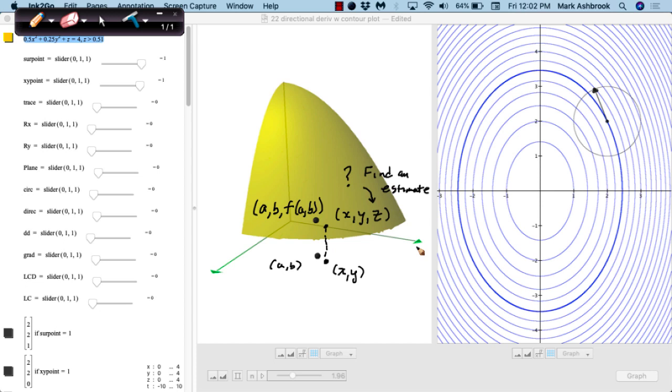You're not going to actually find a value, but you're going to express it. So based on the stuff we've been doing in the last week, can you write an expression that would estimate that value of z if I just deviated away from (a, b) a little bit to the point (x, y), any point near (a, b)? So see if you can think about that. Do it without looking at your notes. See how much you've learned.